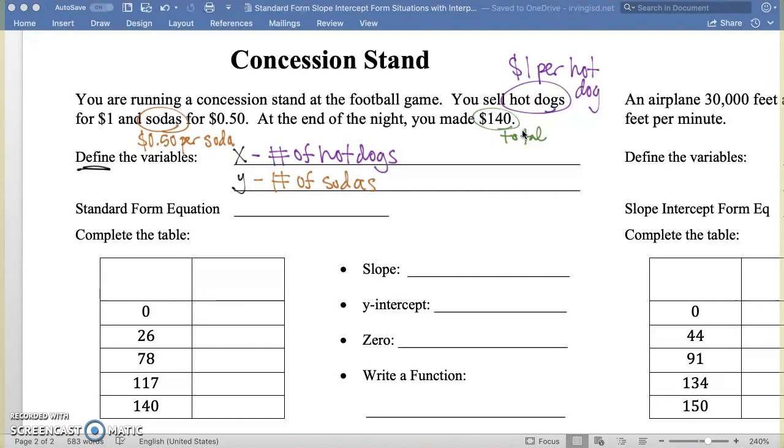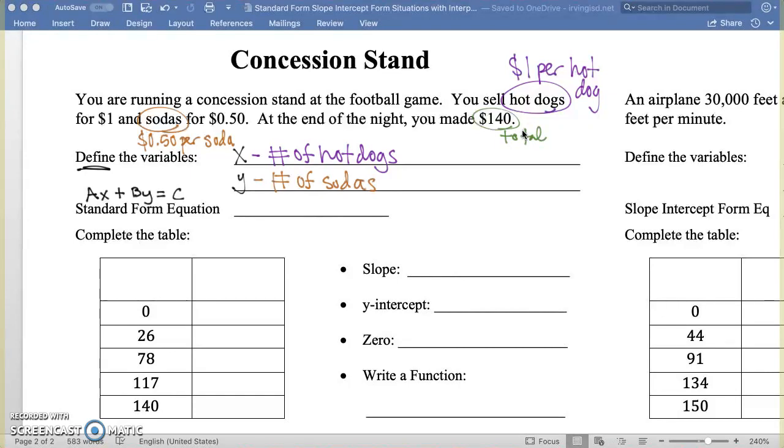To write my standard form equation, standard form, as we've looked at for a while now, is in this form: Ax plus By equals C, where A, B, and C are just integers or numbers, constants. A and B are like a rate. In this case, A would represent the dollar because it's $1 per hot dog.